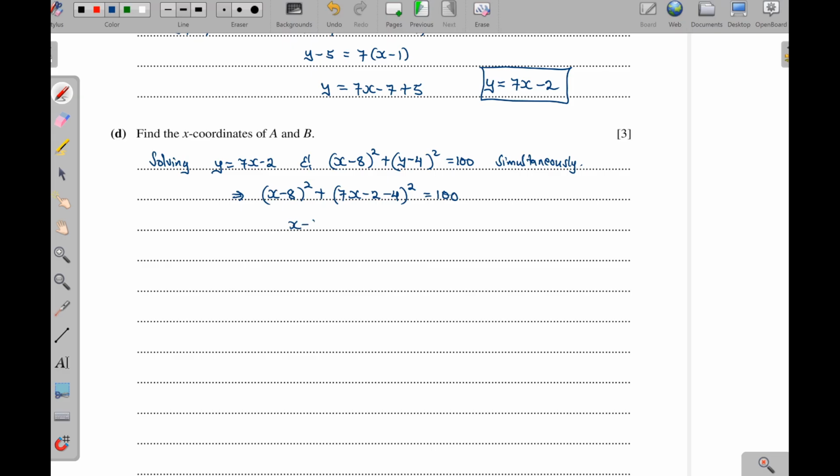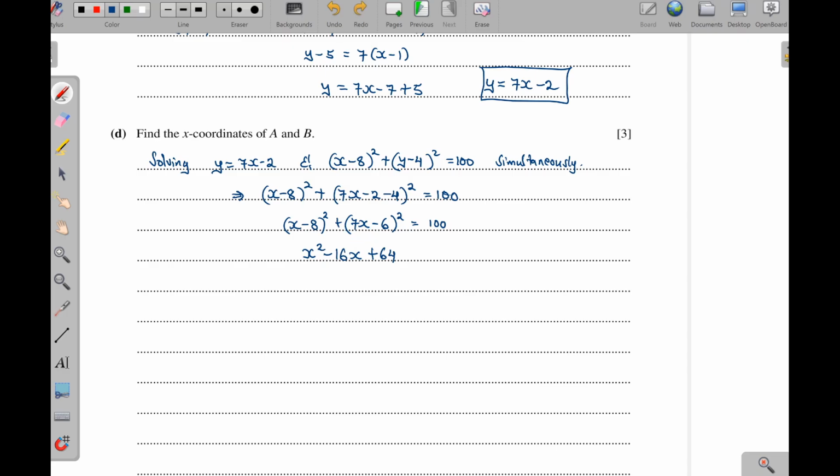So we have x minus 8 squared, then plus 7x, then minus 6 squared, which is equal to 100. Now we open the brackets, okay? So square this one here, you have x squared, then 2 times x times 8, that will be minus 16x, and then square the minus 8, you get a positive 64.